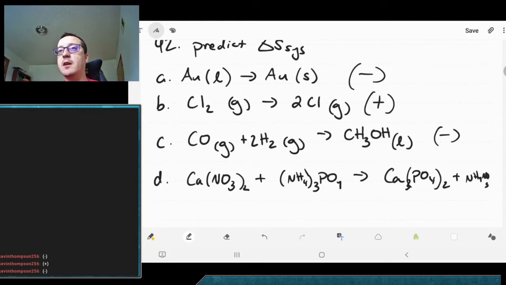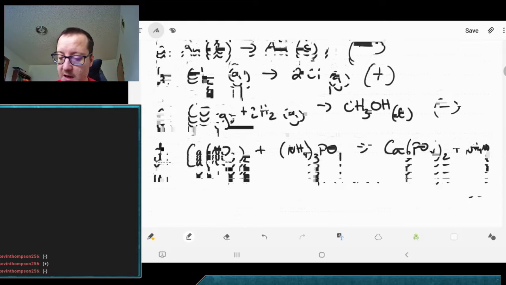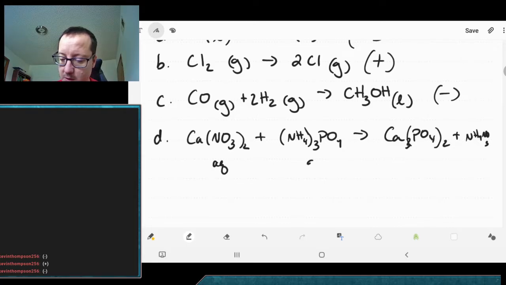Okay, so with this one, we have aqueous, solid, aqueous, right? It's a precipitation reaction. If we were to balance this, we would see 3, 2, and 6 would be our coefficients here.